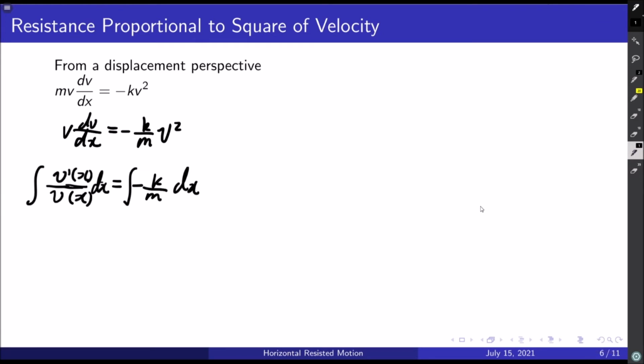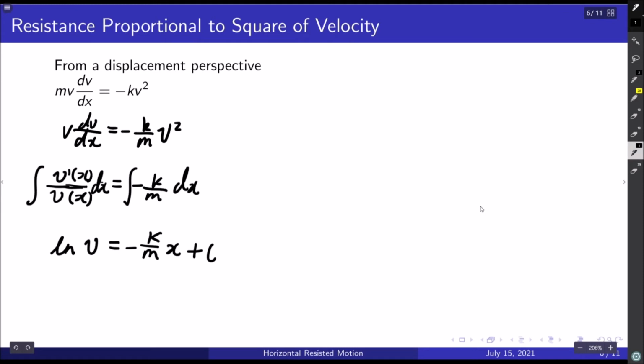Obviously, derivative on top, function itself at the bottom, that's a log function, isn't it? So log v equals, well, here it's just negative k over m times x, plus c.